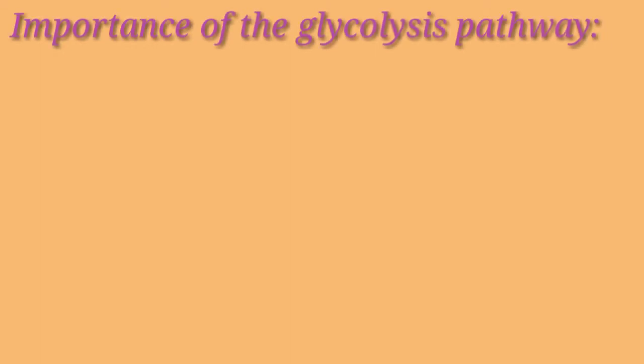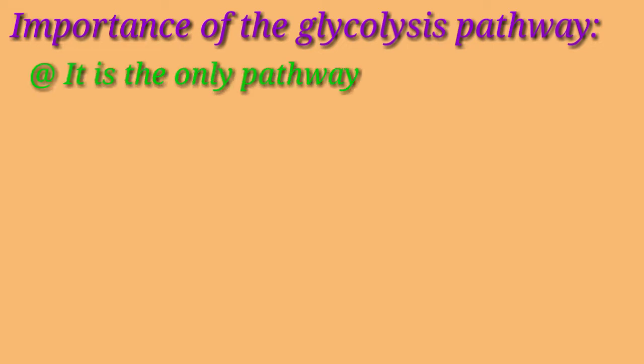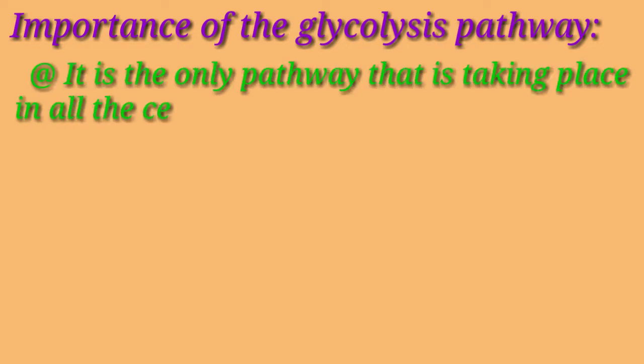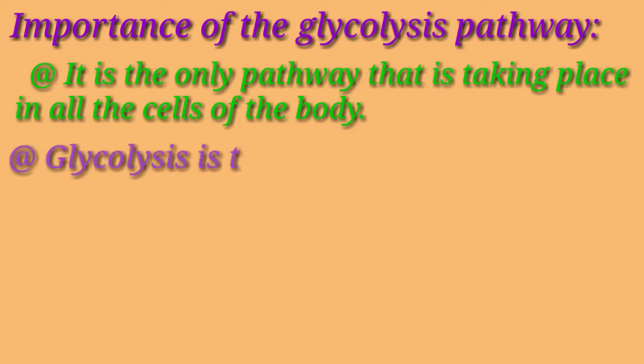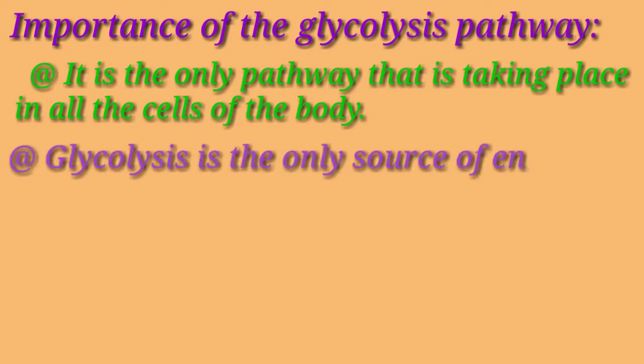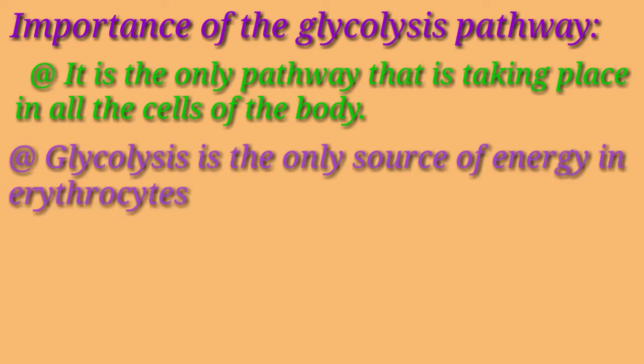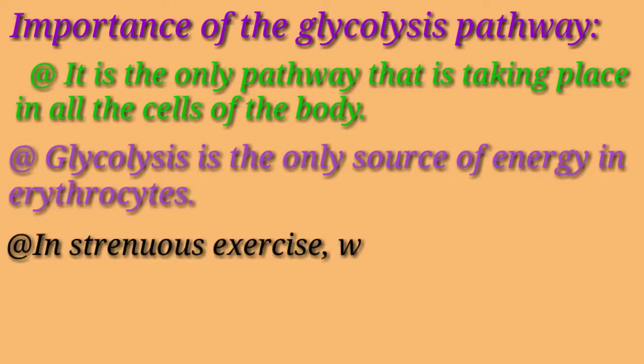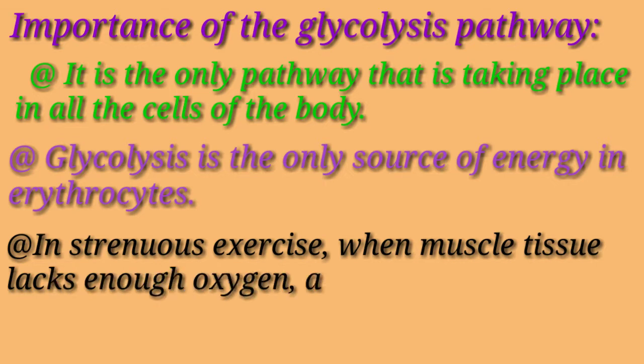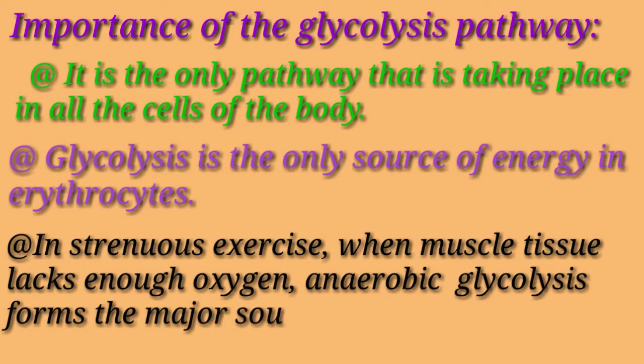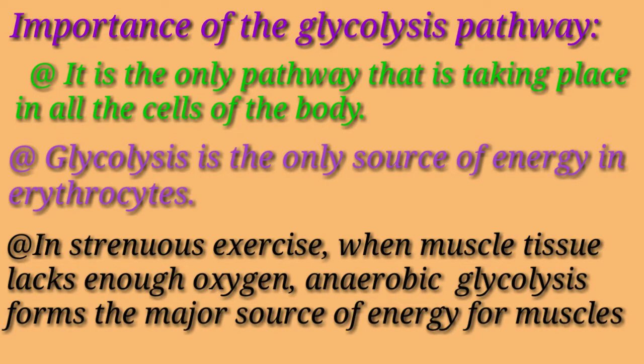Next, we shall study the importance of the glycolysis pathway. It is the only pathway that takes place in all the cells of the body. Glycolysis is the only source of energy in every erythrocyte. In exercise, when muscle tissues lack enough oxygen, anaerobic glycolysis forms the major source of energy for muscles.